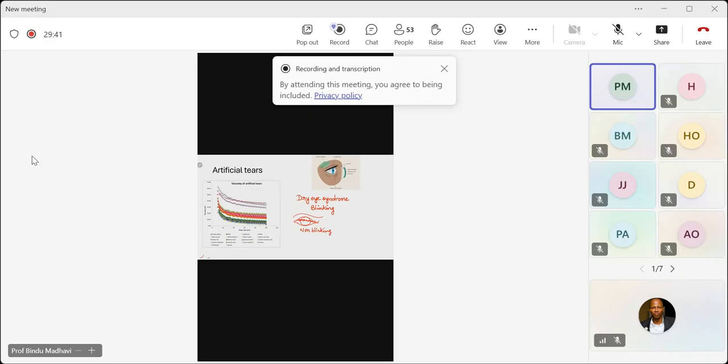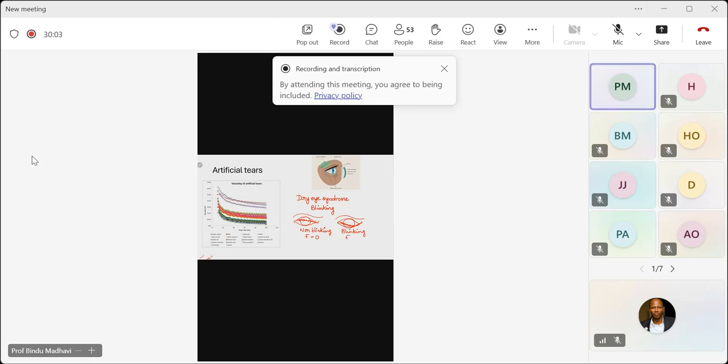So the shear stress during non-blinking condition is zero. The second situation is where eyelids start blinking. So this blinking of the eyelids is going to act as the shearing stress.